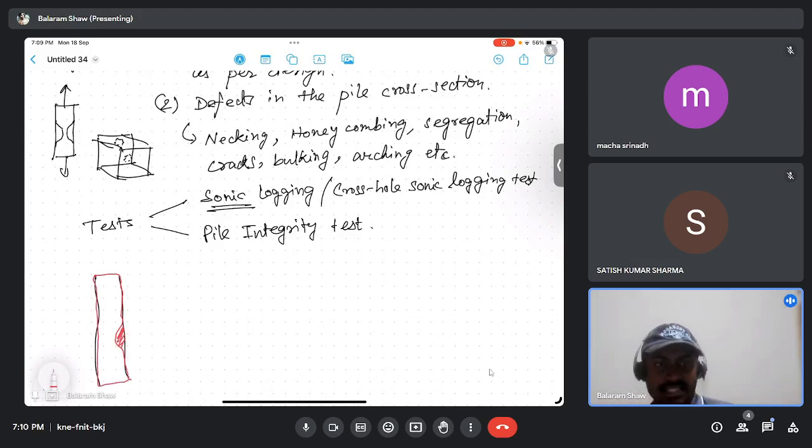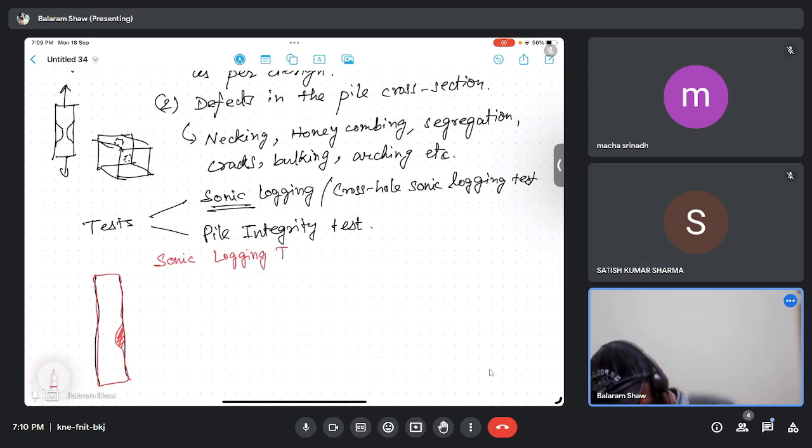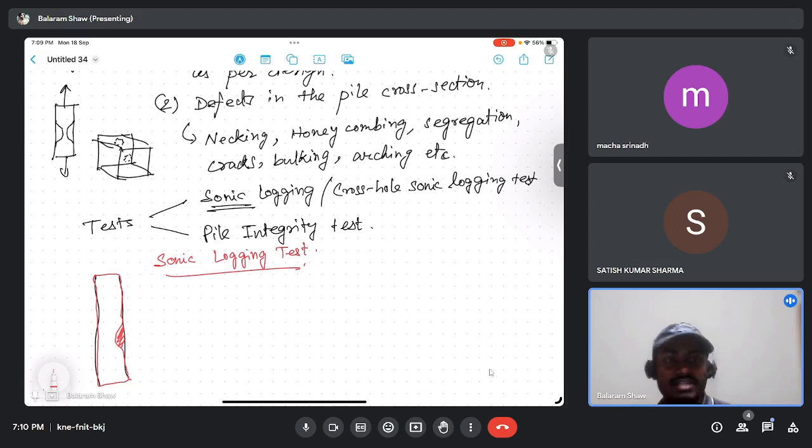So this is a kind of defect that may lead to failure, isn't it? This kind of defect we will understand from the sonic logging test we are discussing.